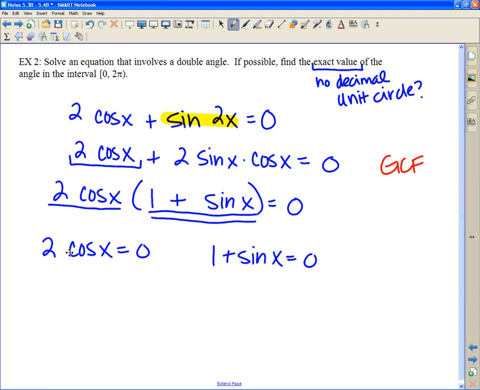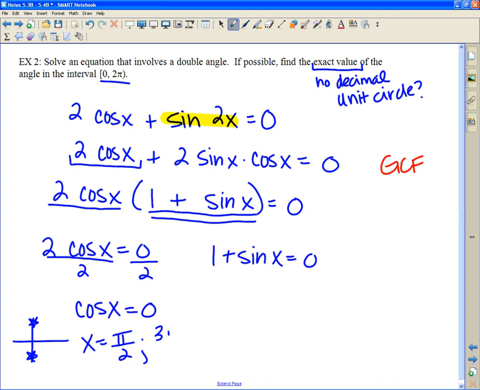To isolate our trig function, we would divide both sides by 2. So the cosine of x equals 0. That is something that you know on the unit circle. And we have to find the answers in between 0 and 2 pi. We're not using inverses. So where are our x values 0? On the unit circle, our x values are 0 at pi over 2 and 3 pi over 2. There are two solutions to this problem.